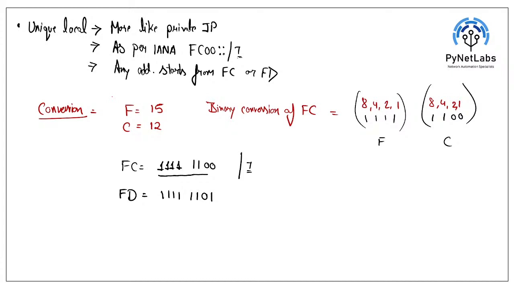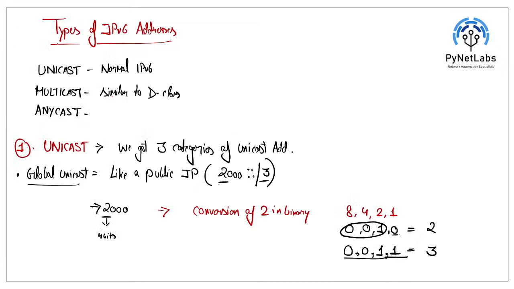This is what we have to understand about global unicast and unique local. Global unicast is your public address and unique local is your private address. They both fall in the category of unicast. Right now we are only talking about unicast addresses, not multicast or anycast.